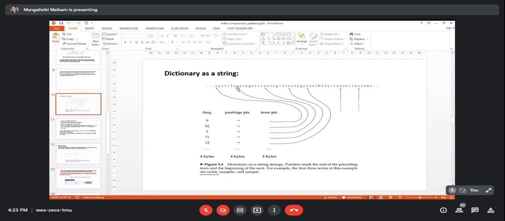If the pointer is here, then it starts a new term. Similarly, the third one also from S. So that means from S, it starts a new term. Here also another S, it starts a new term. So like this, when you consider dictionary as a string, a long string, all the terms will be written together like this. And there will be pointers to point and separate the terms.